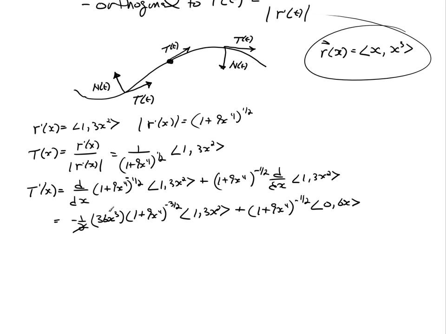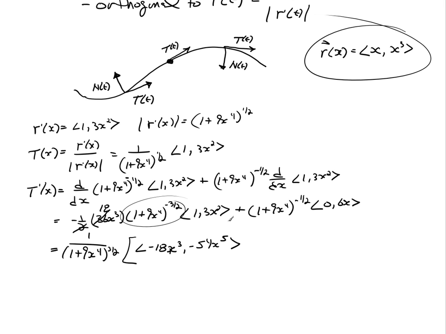Now, I'm going to do some simplification here. This is going to be 18. So this is going to equal, if I factor this out, I will have 1 over (1 plus 9x to the 4th) to the 3/2, times, and I will distribute this negative 18 into here, the vector negative 18x cubed, can't forget that, and then negative 54x to the 5th.